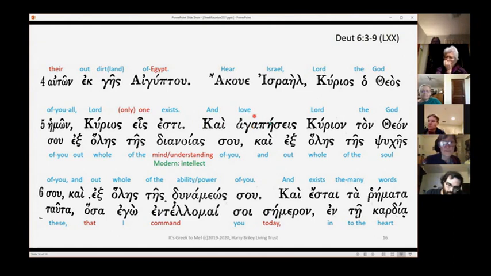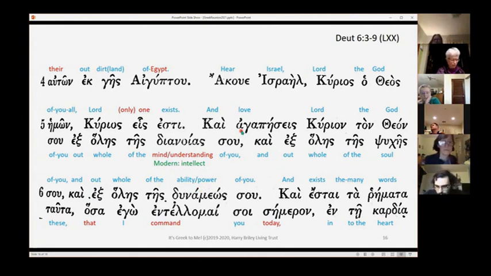And love, this was indeed love, the Lord, the God of you, out of the whole of the, now dianoia is a mind or understanding. If you put it in Google, it comes out as intellect. So out of your whole thinking ability, and out of the whole of your soul, and out of the whole of your ability or power.